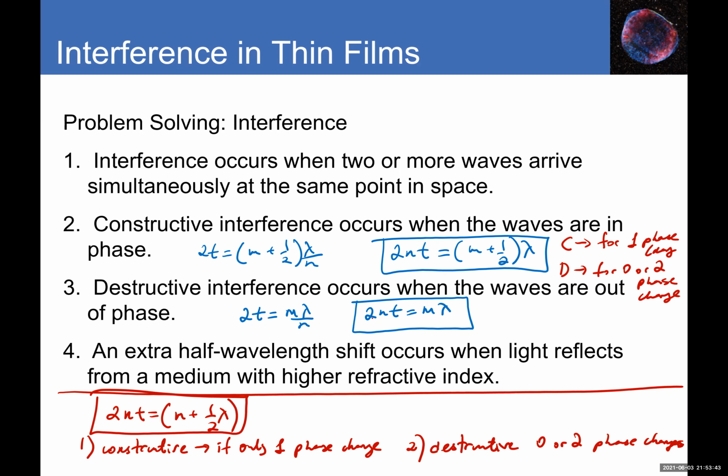Well, this is what I said, that this is for the destructive, right? So use it for destructive if one phase change, but this is for the constructive if 2 or 0 phase changes.